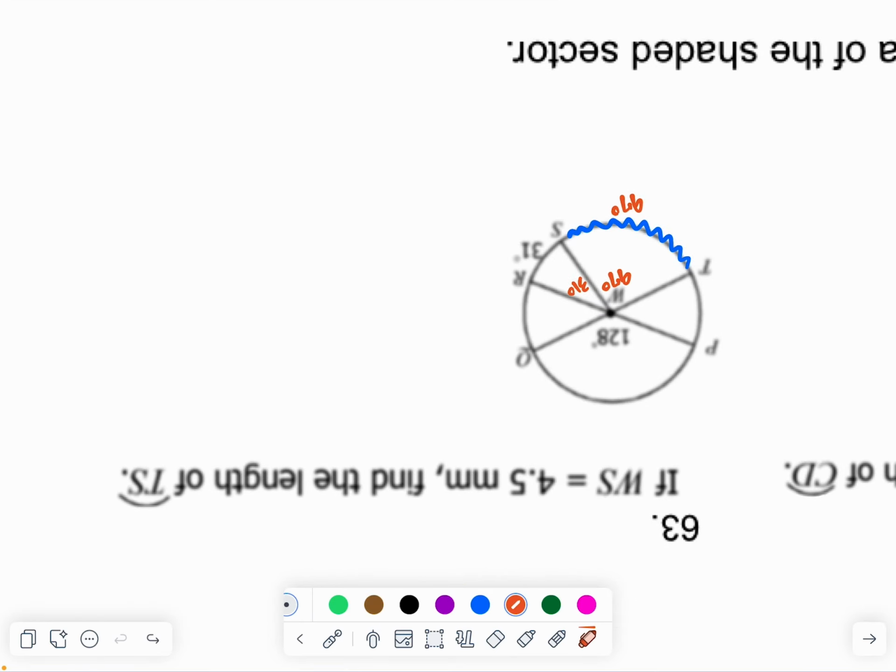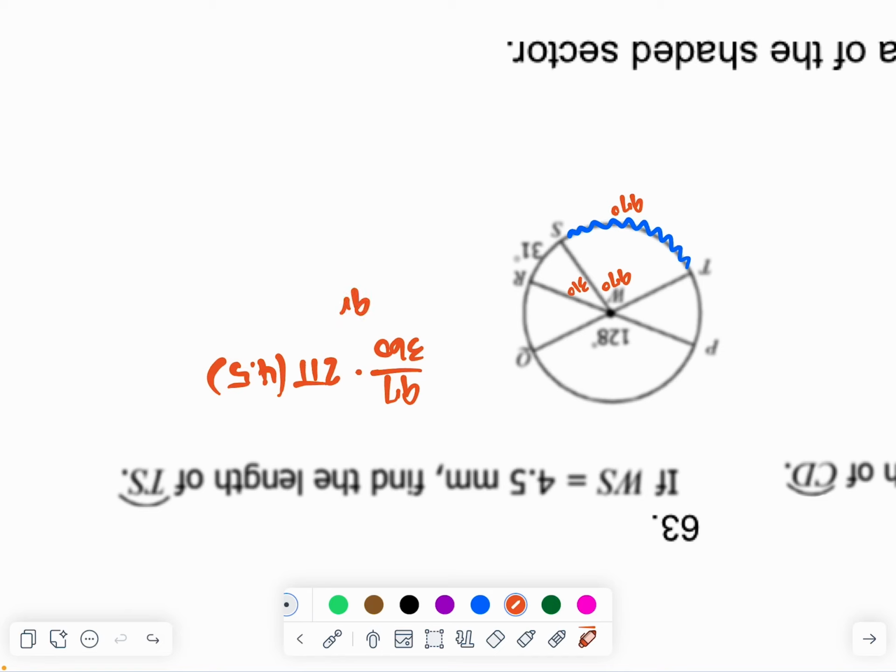I don't really have to know that part. So that means this arc that we're looking for is taking up 97/360ths of the total circumference, which is going to be 2 pi times 4.5. And they tell us the radius is 4.5 up there in the verbiage.